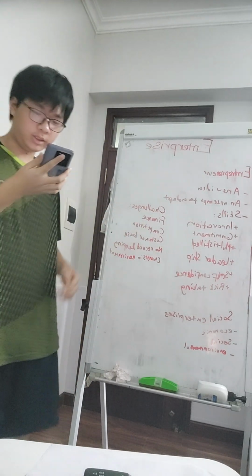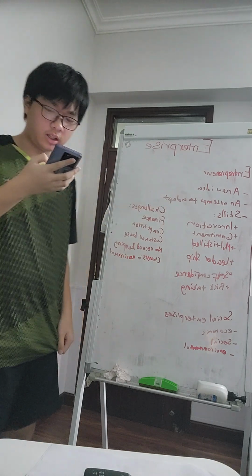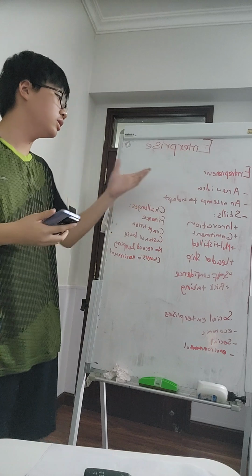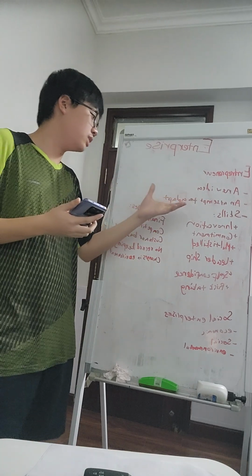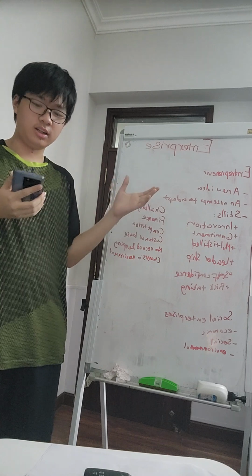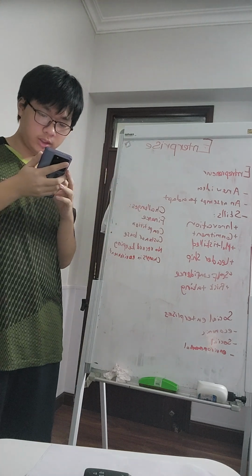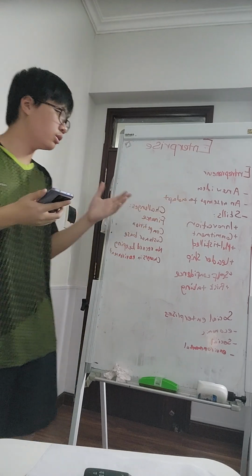So next, I'll be talking about entrepreneurs and how to start an enterprise. Firstly, most entrepreneurs have a new idea or an attempt to adapt a business in a way that nobody has tried before.